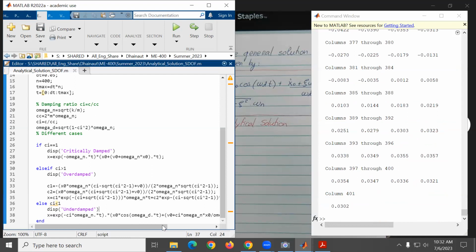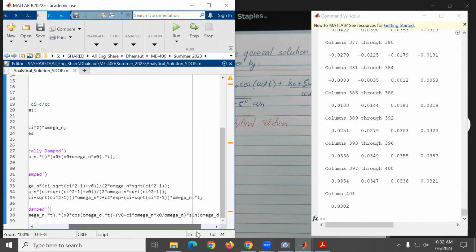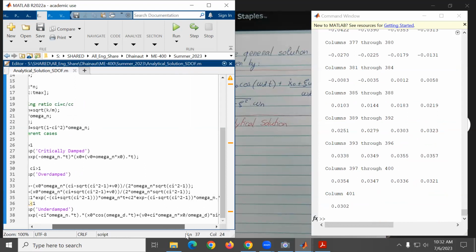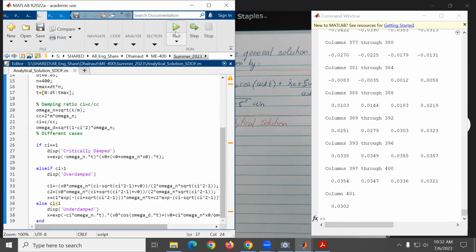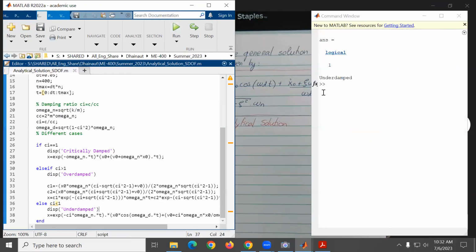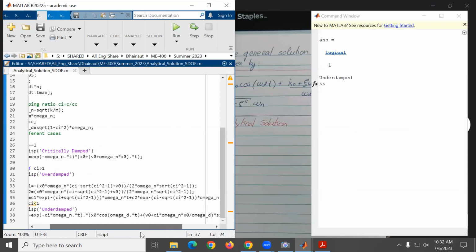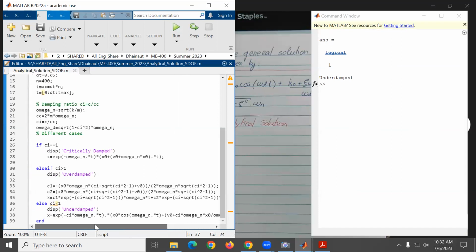I forgot a parenthesis or what? Oh yeah, I forgot that one. Okay, so I think it's probably that. Okay, so now it's running, okay? You need to put a dot here as well, between these two. This is because it wants to do the scalar product.